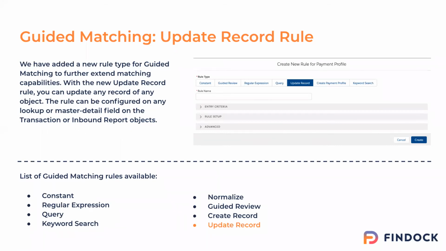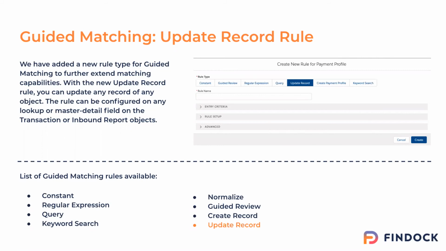Via guided matching, you can put constant values, and you can use regular expressions to get certain values out of incoming data. You can query any record in Salesforce, either via a query or via a keyword search.